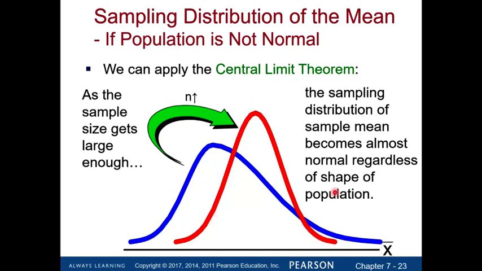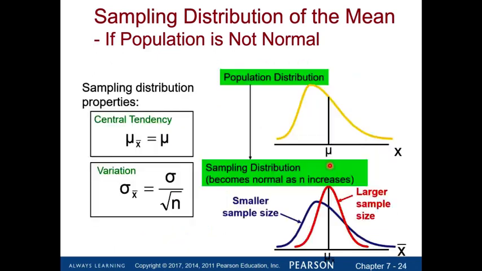That means, regardless of the shape of the population, the sampling distribution of the sample mean can always become almost normal if your sample size gets large enough. So we can see that the sampling distribution from this population distribution, which is not normal, can still become a normal distribution if the sample size gets large enough.